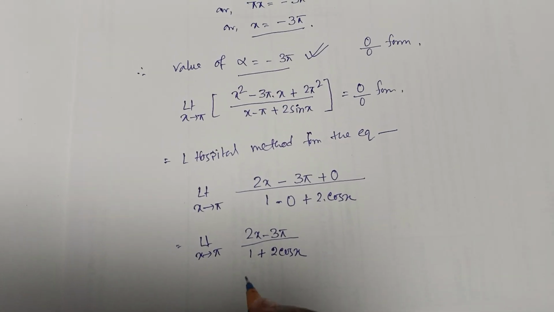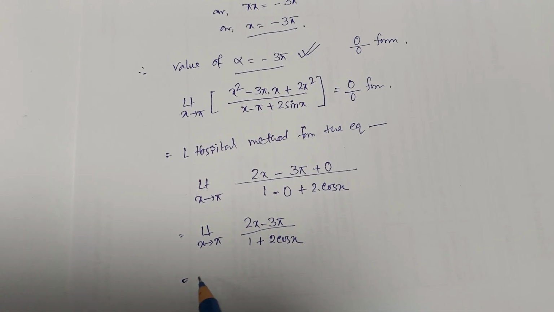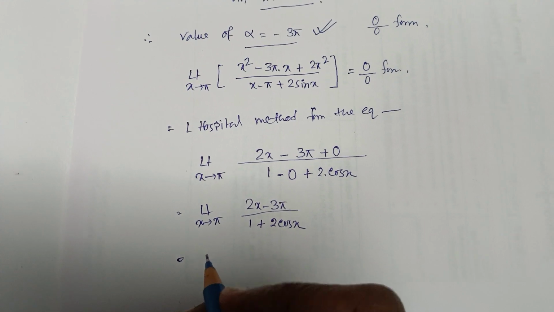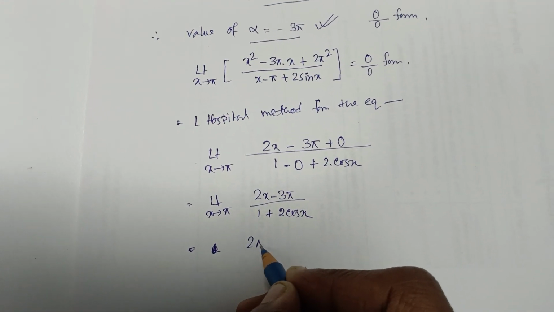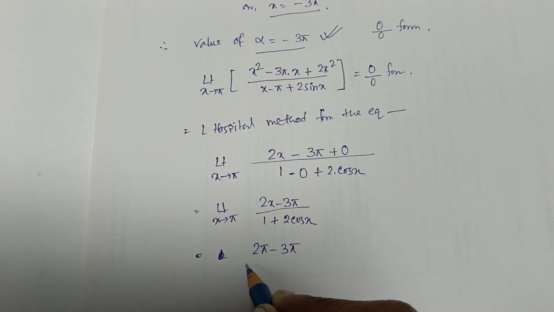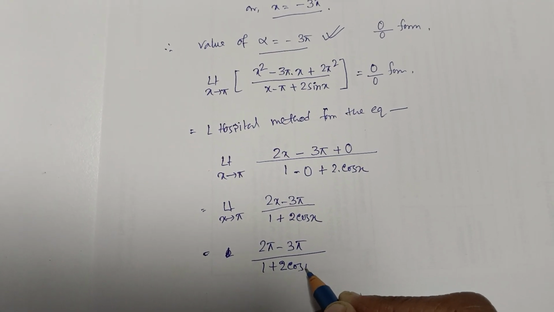If we put the value of pi here, we get 2 pi minus 3 pi upon 1 plus 2 cos pi.